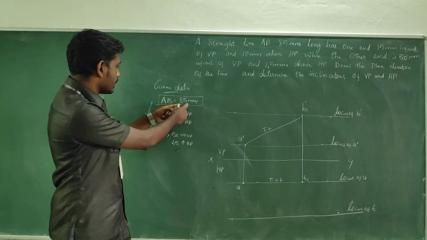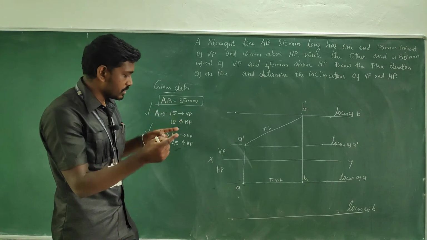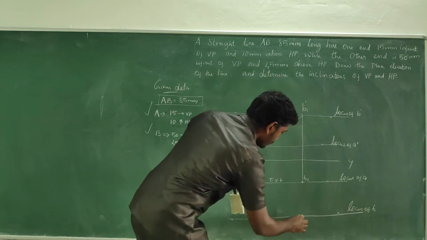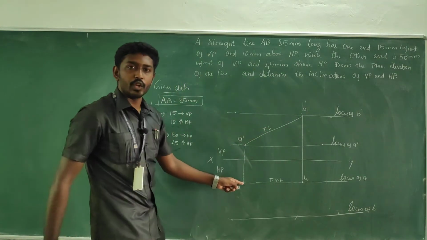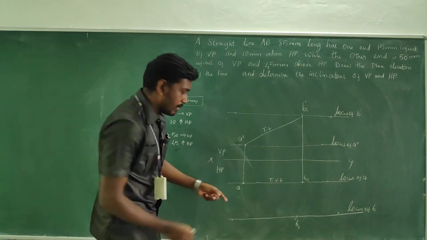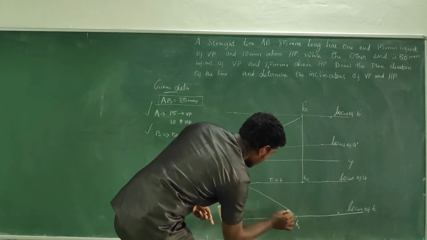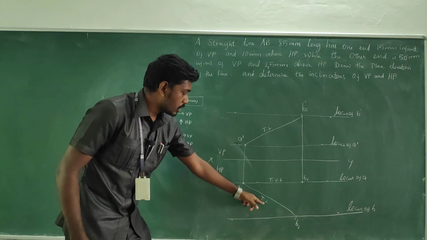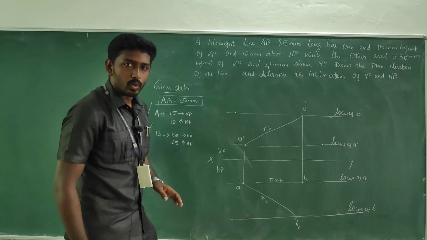The same thing: measuring 85 mm in your compass and placing it at A, make a cut mark in the locus of B and you get B2, and the true length in the top view.